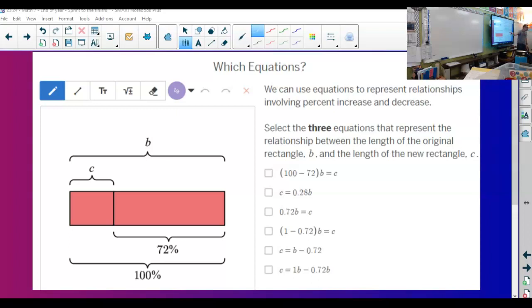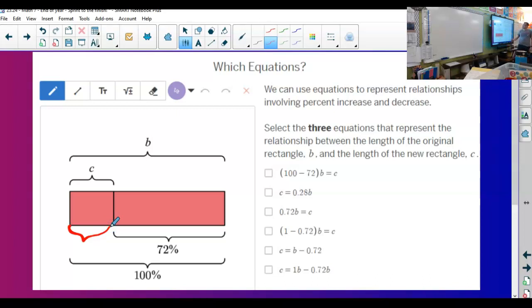They don't have a percent sign here. So these numbers aren't the numbers that we should be working with. Percent, like Donna just reminded us, is out of 100, so it divides by 100, and it turns into a decimal form. So would it be accurate if we move on to the second one to say C is 0.28 of B? Well, to help us think through that, if I know 72%, what percent is left?